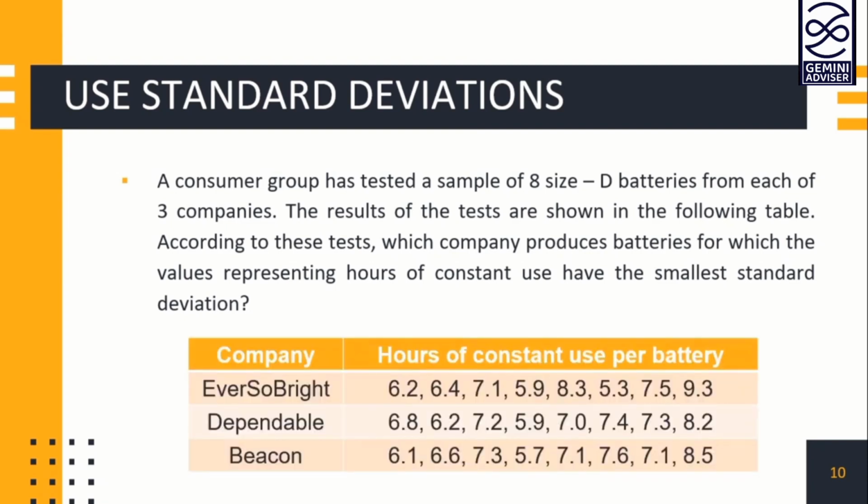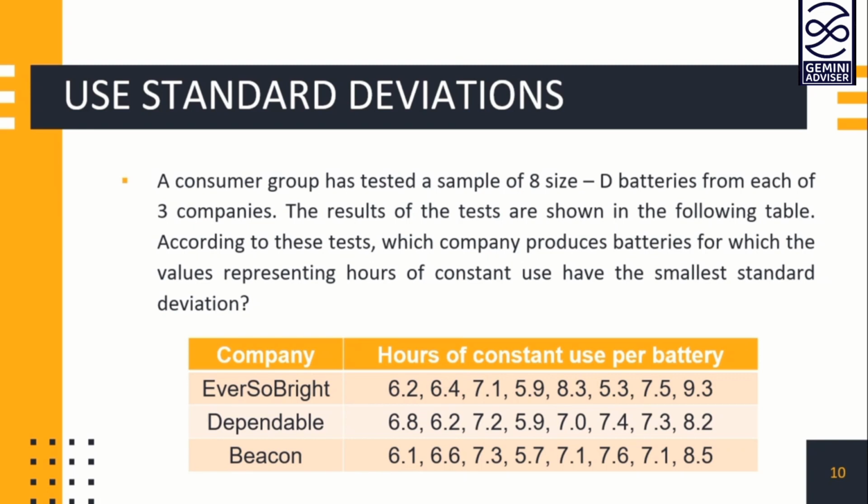So, here's the given. The first company, the Ever So Bright, given the hours of constant use per battery, meron tayong 8 batteries: 6.2, 6.4, 7.1, 5.9, 8.3, 5.3, 7.5, and 9.3.